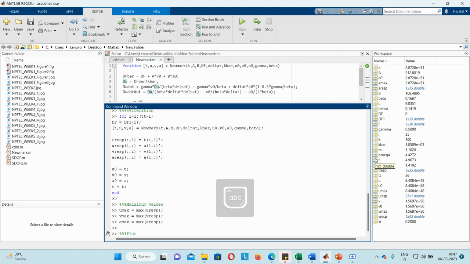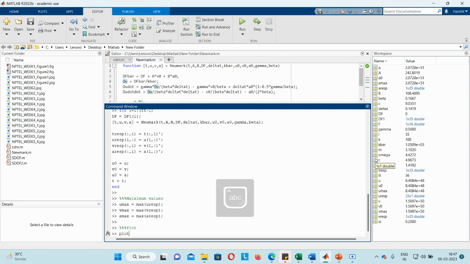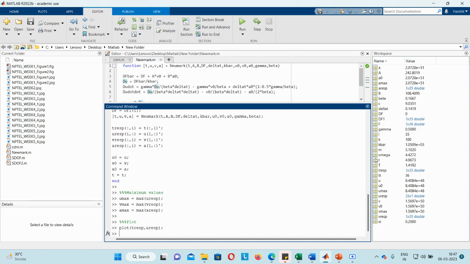So how to plot: T response, comma U response. X label will be time in seconds, and Y label will be displacement in mm.